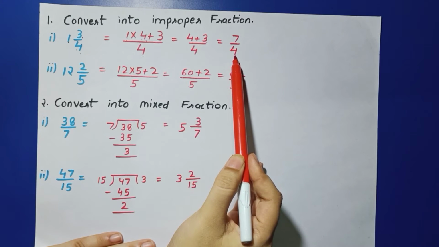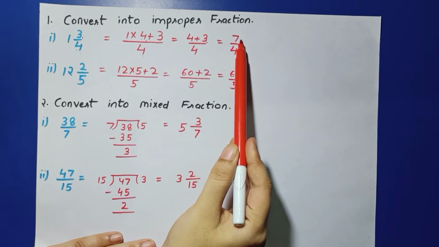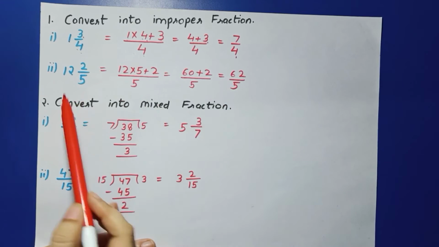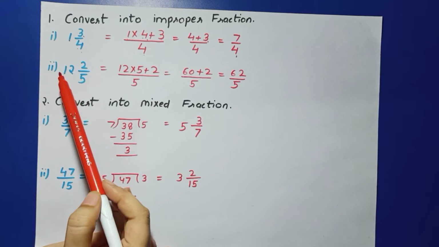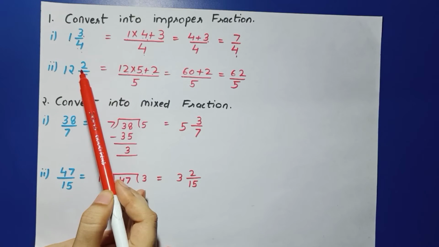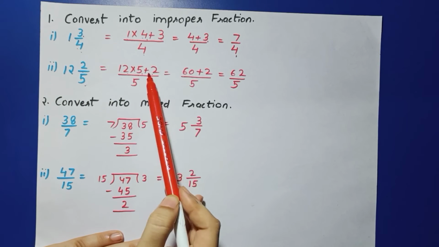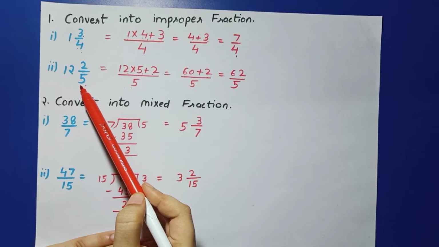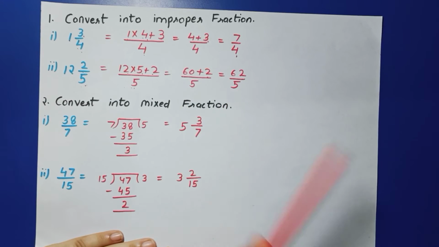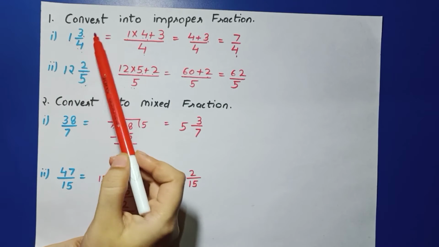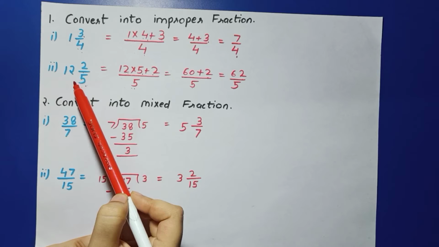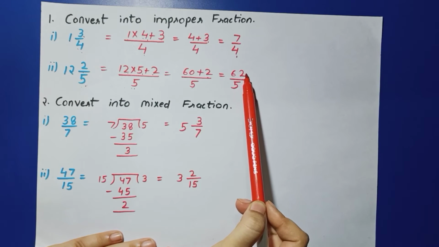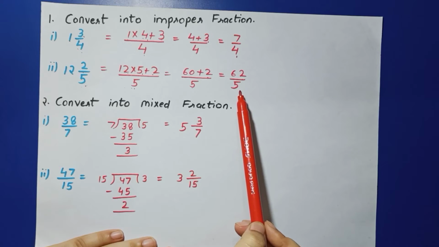This is an improper fraction because the numerator value is greater and the denominator value is lesser. 7 is greater than 4. The next is 12 into 5 plus 2. 12 fives are 60 plus 2, that is 62 upon the denominator. The denominator is 5. The denominator remains the same. In this way we can convert mixed fractions into improper fractions. These are both improper fractions as the numerator is greater than the denominator.